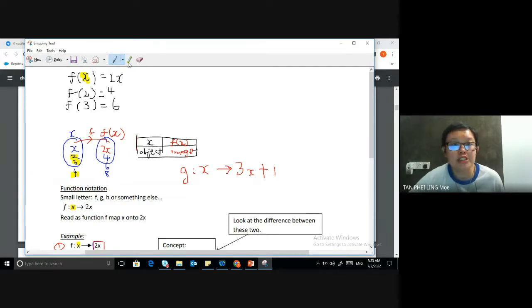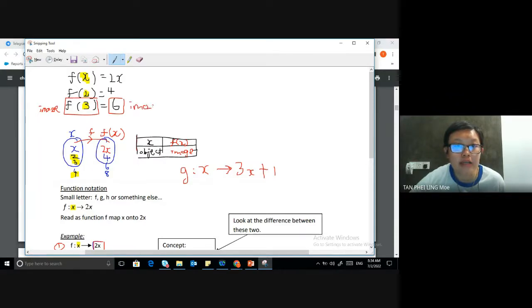So it's a representation. The objects are all here, whereas the whole f(3) is the image. So for image, I use red. This whole thing is an image, and 6 is also an image.